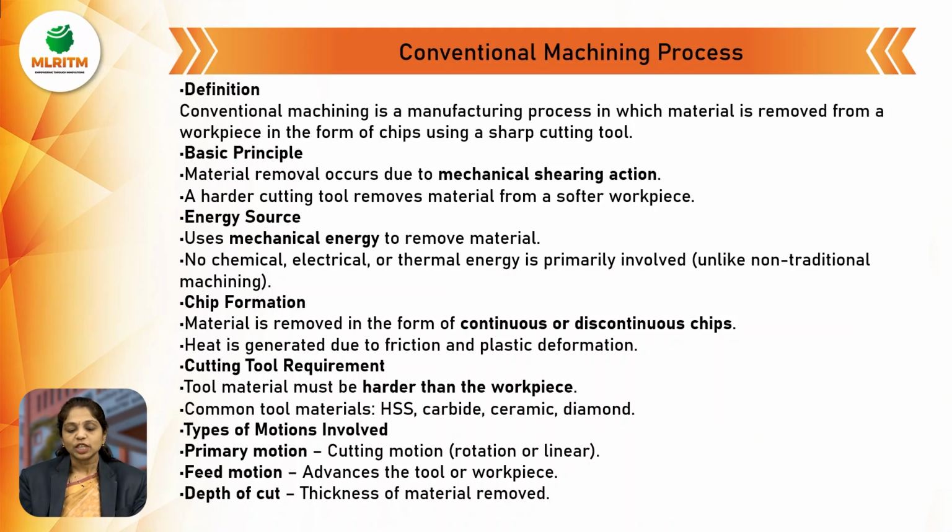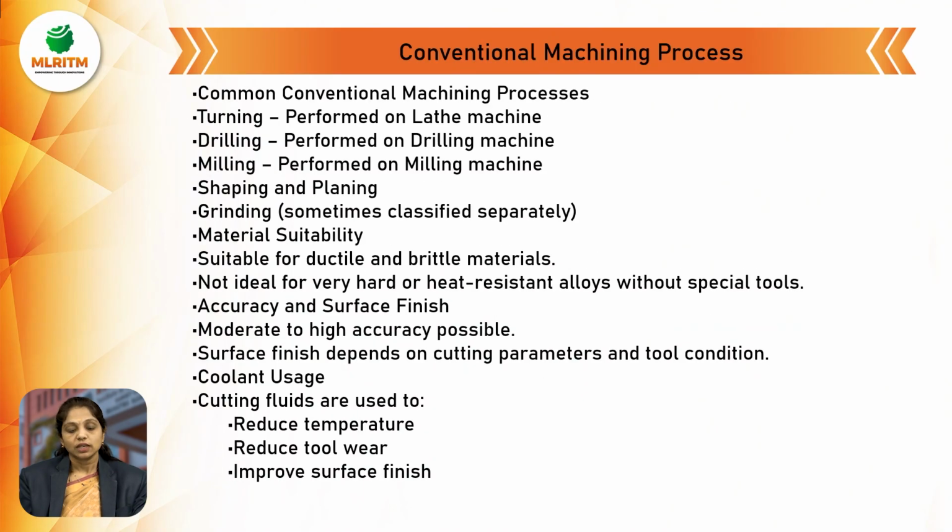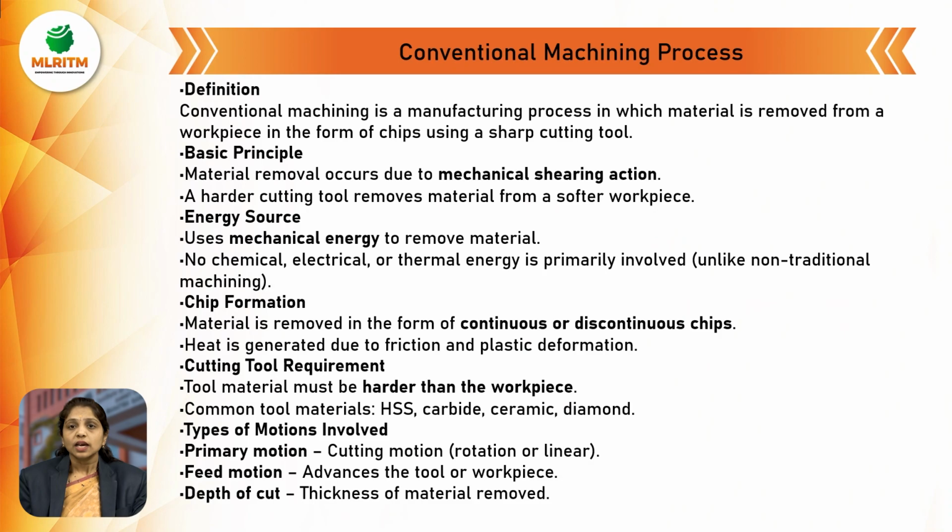In conventional methodology, metal removal occurs by mechanical shear action. Here the tool must be very hard compared to the workpiece. The energy source used in the conventional methodology is mechanical energy. There is no conversion of one form of energy to another form.